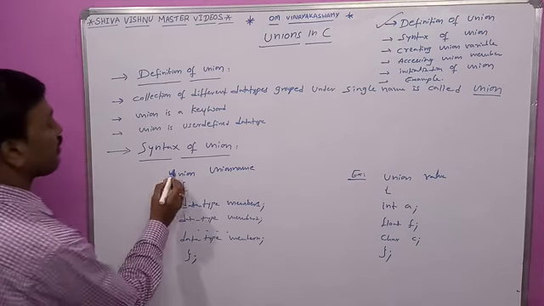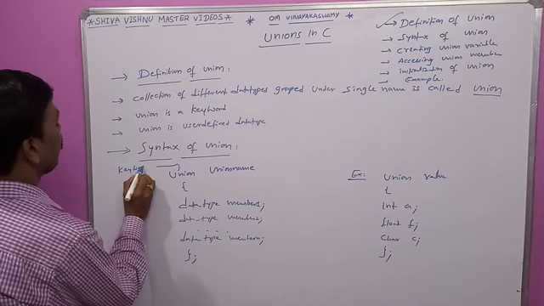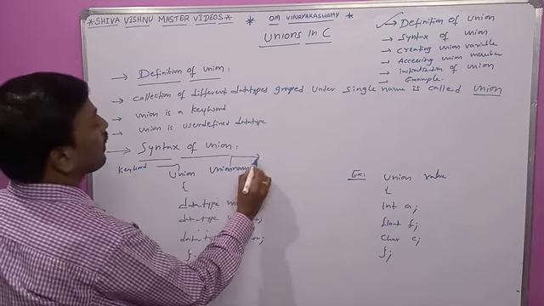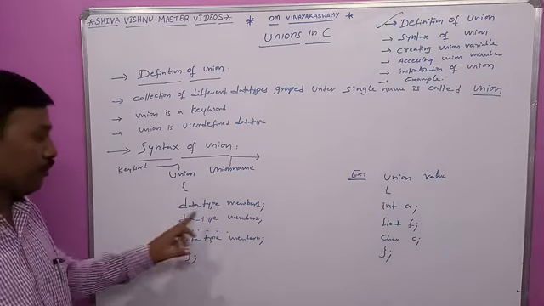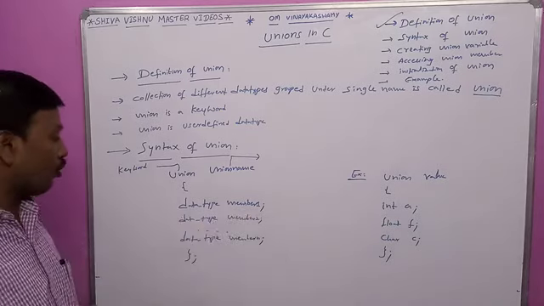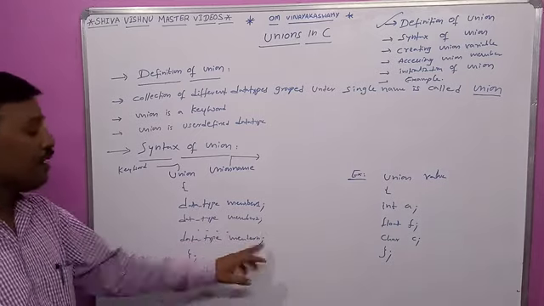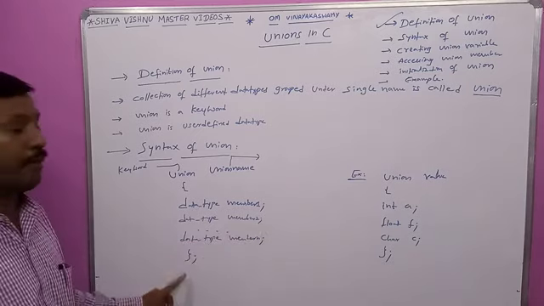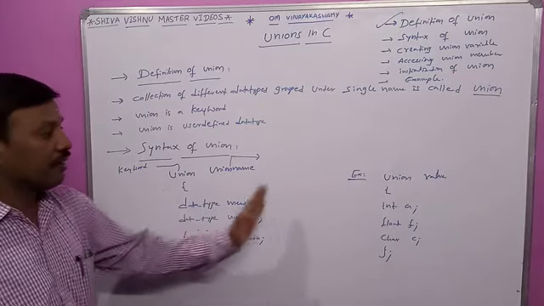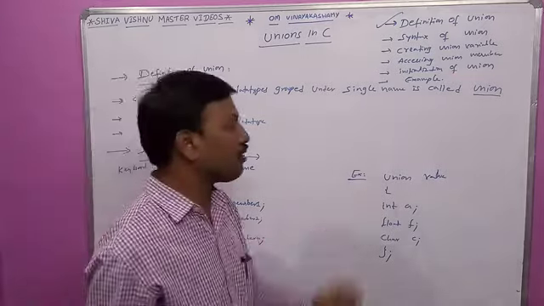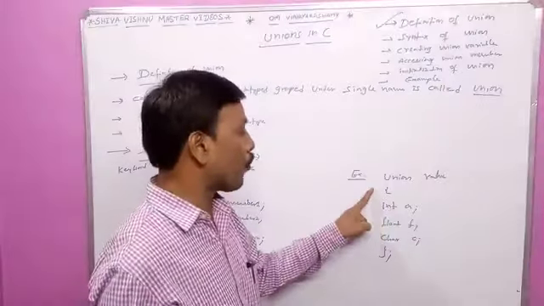Here you can see there is a union. Union is a keyword. This is the union name, open brace, data type member 1 semicolon, data type member 2 semicolon, data type member n semicolon, close brace, semicolon. Here you can see an example: the union keyword, the union name value, open brace.